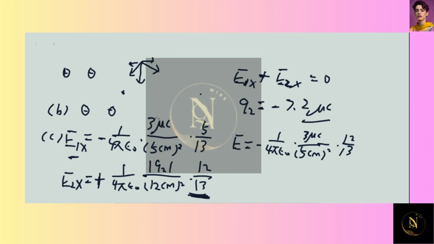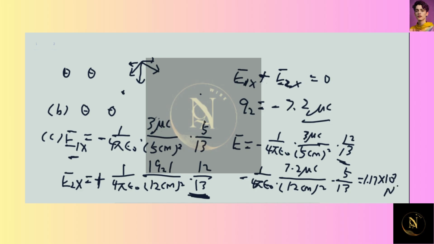So this gives us the Y component, okay? And a minus 1 over 4 pi epsilon naught times 7.2 microcoulombs divided by 12 centimeters squared and times 5 over 13. So the final value is 1.17 times 10 to the 7th Newton per coulomb.